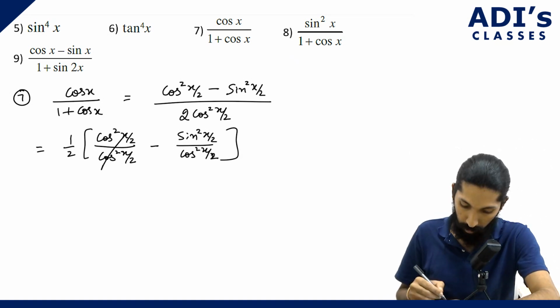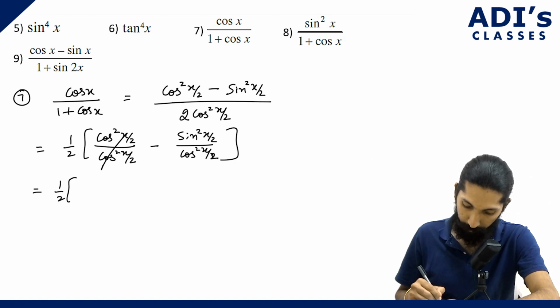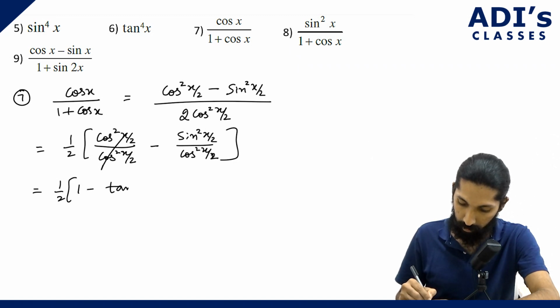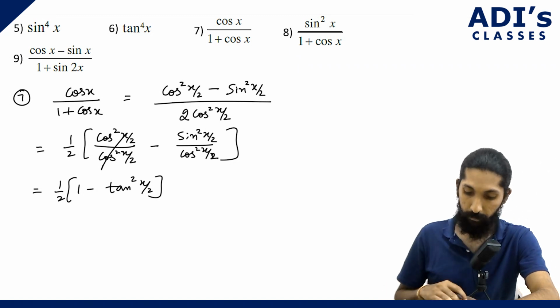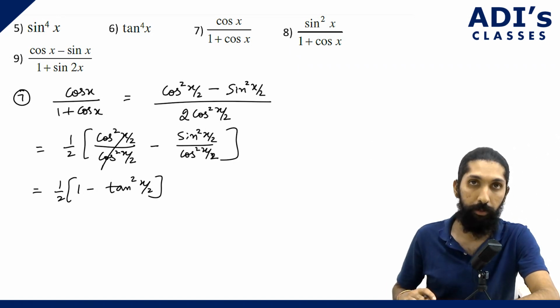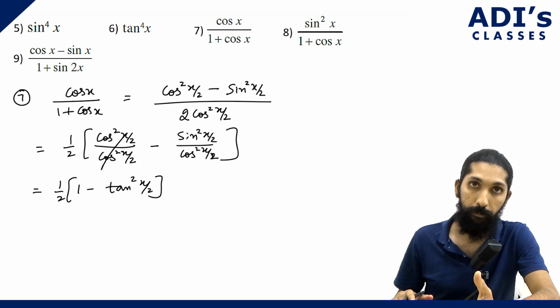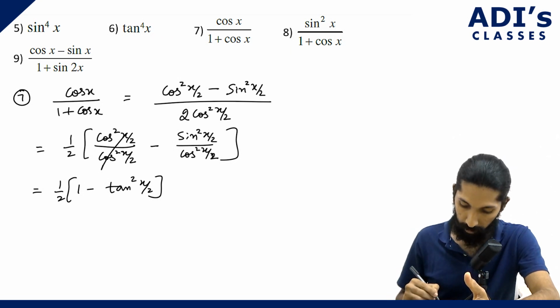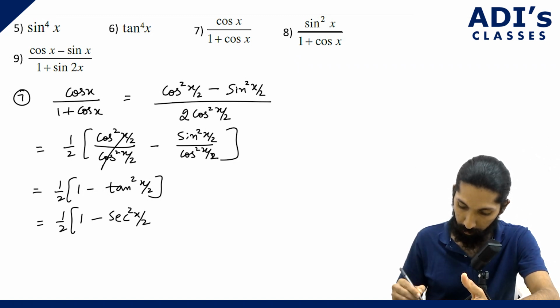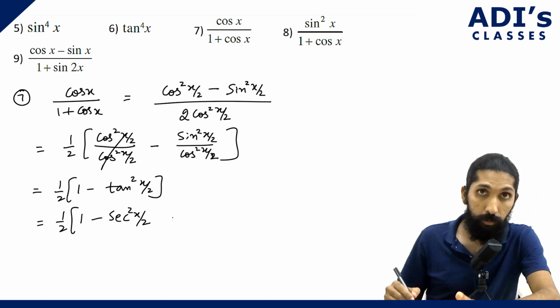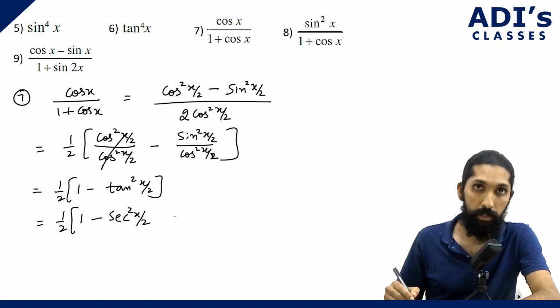So you will get it as half of (1 minus tan square (x by 2)), isn't it? Tan square (x by 2), you can write it as secant square (x by 2) minus 1, right? So you will have half of (1 minus (secant square (x by 2) minus 1)). So minus of minus becomes plus 1.